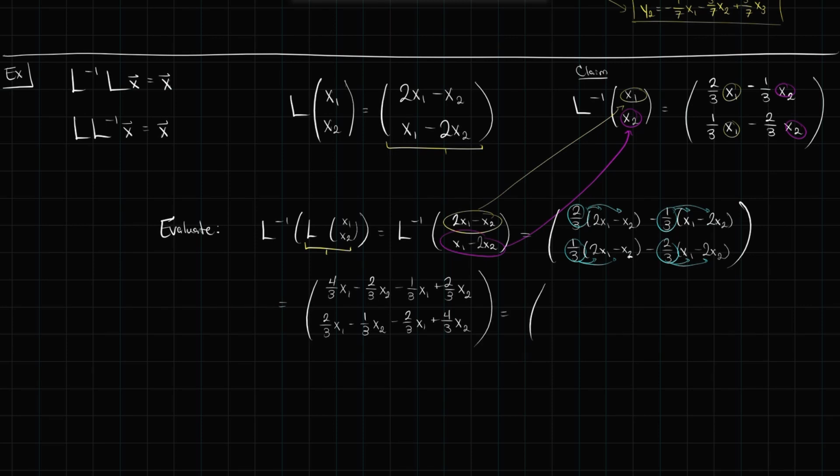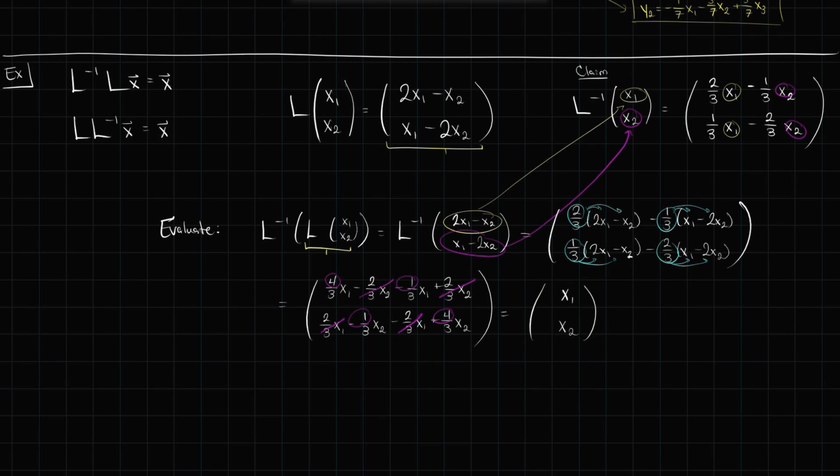If I combine all the like terms, I end up with negative 2/3 x2 and positive 2/3 x2, as well as 4 minus 1 over 3, also known as 3/3 x1, or just x1. Similarly, in the second component, I have 2/3 x1 minus 2/3 x1, and I have negative 1/3 x2 plus 4/3 x2, also known as a single copy of x2.